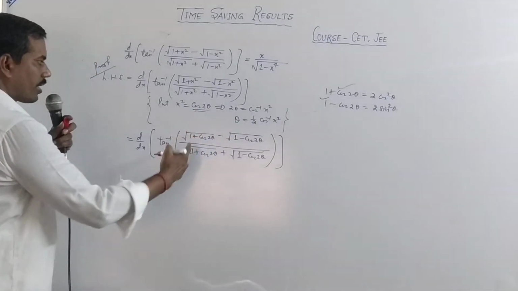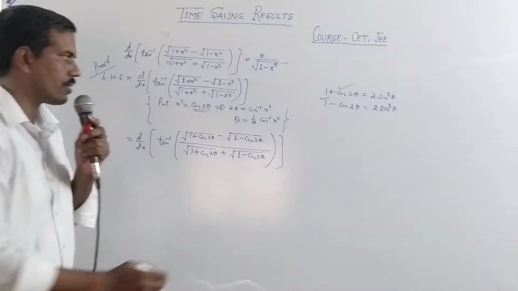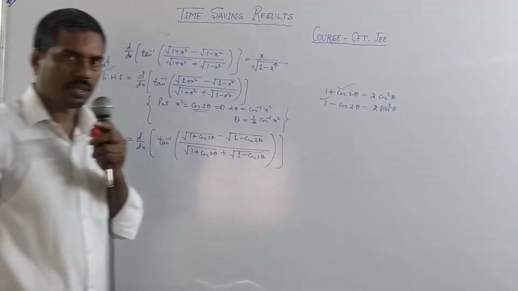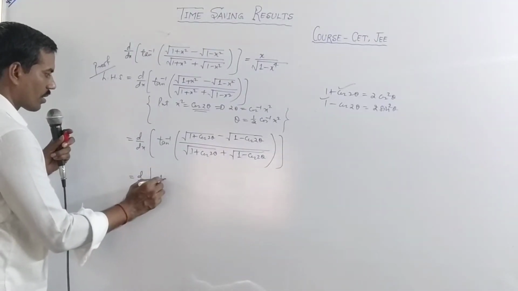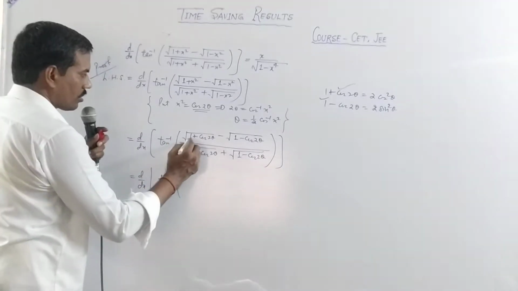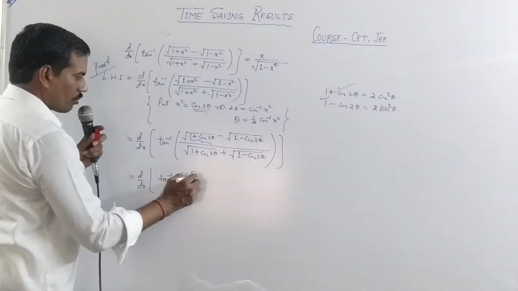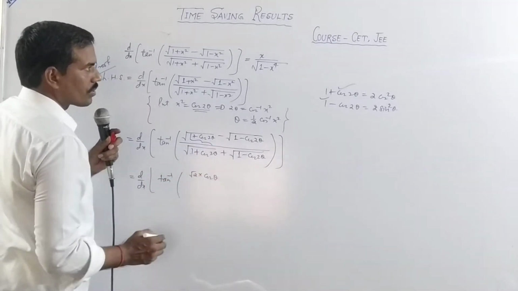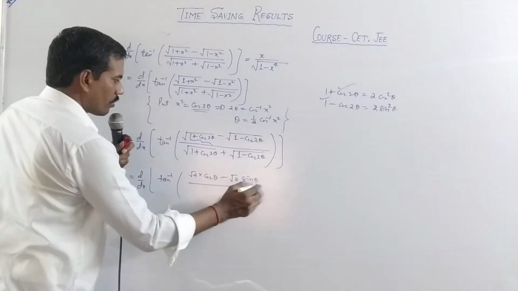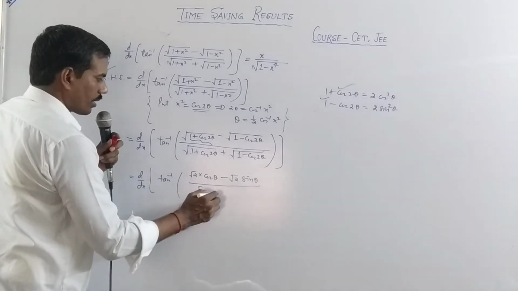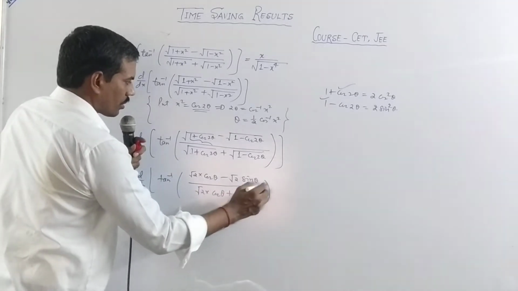Okay, and we know that 1 plus cos 2 theta is 2 cos square theta, and 1 minus cos 2 theta is equal to 2 sin square theta, and the next step is d by dx of tan inverse of (under root 2 into cos theta minus under root 2 sin theta) whole divided by (under root 2 into cos theta plus under root 2 into sin theta).